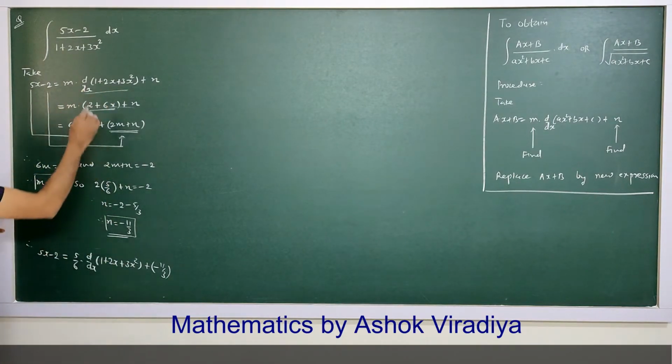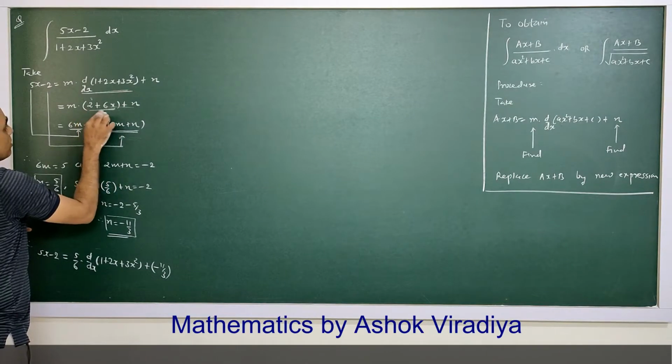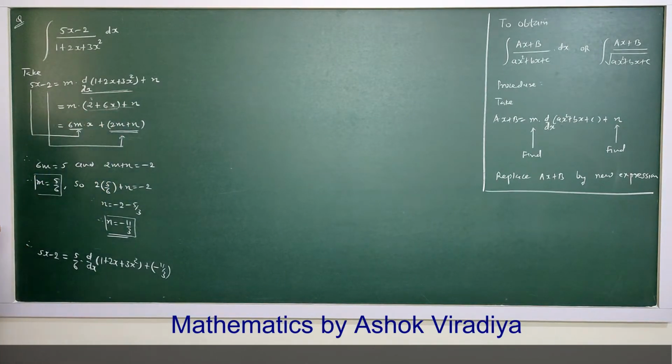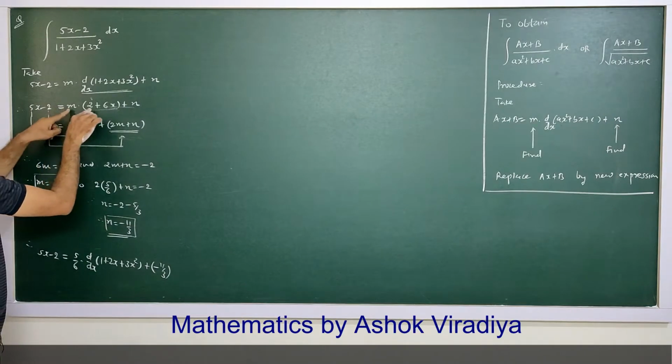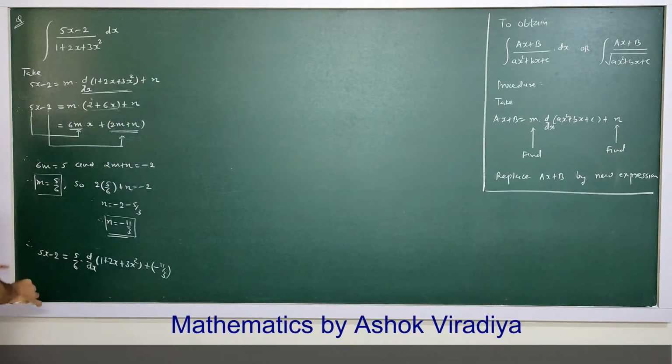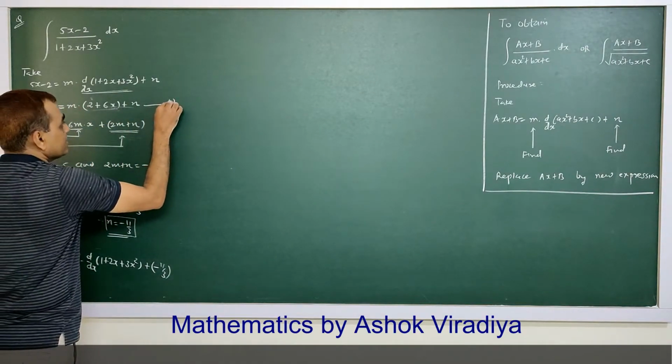This is 5x minus 2 equal to m into 2 plus 6x plus n. We say this is 1.